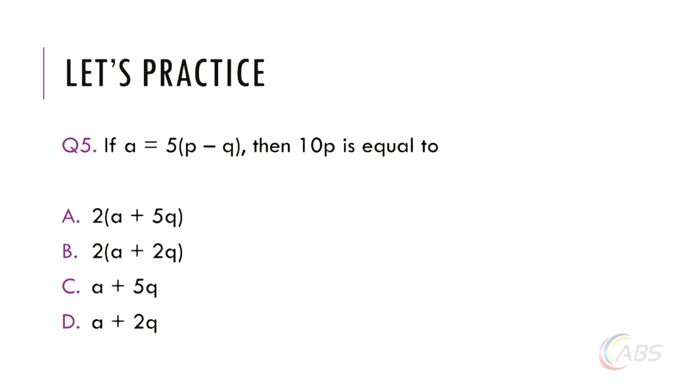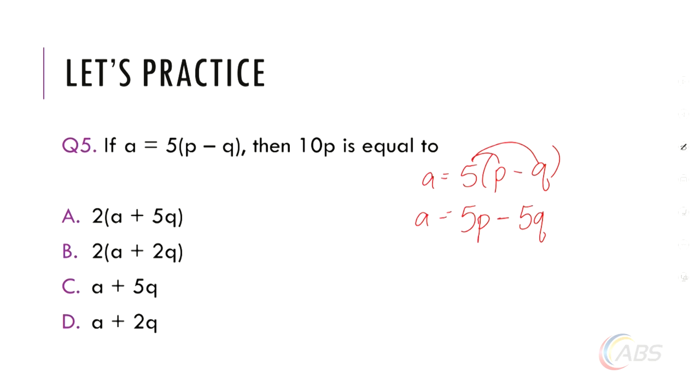Okay, so we have A is equal to 5 times P minus Q. And so I expand the brackets: 5 times P is 5P, 5 times negative Q is negative 5Q, and A is still on this side.